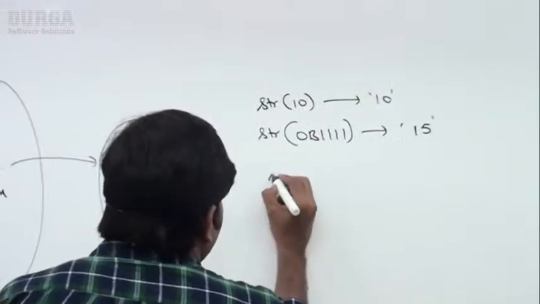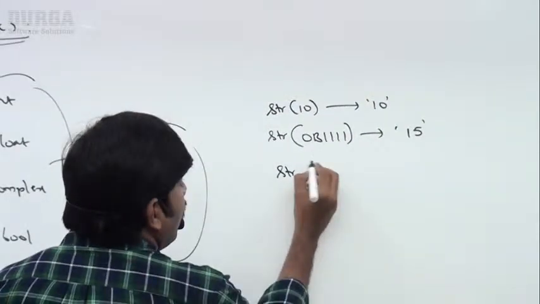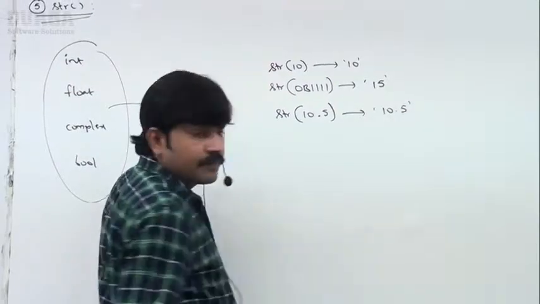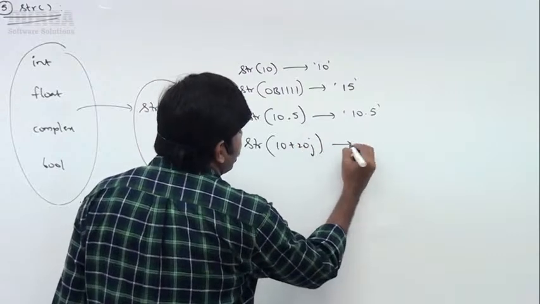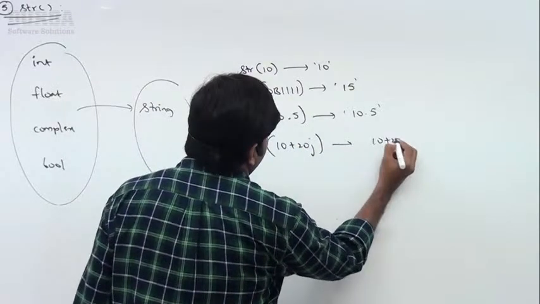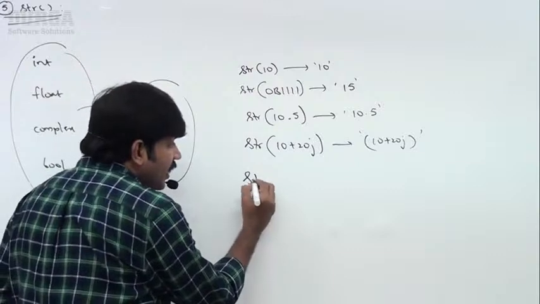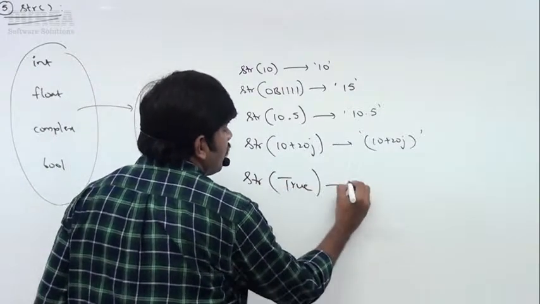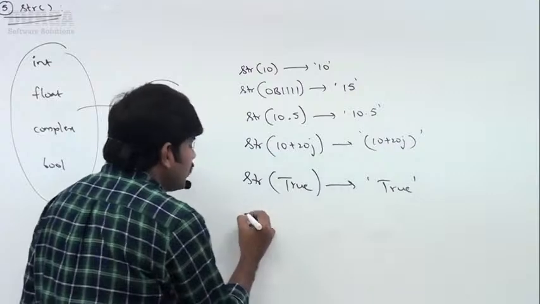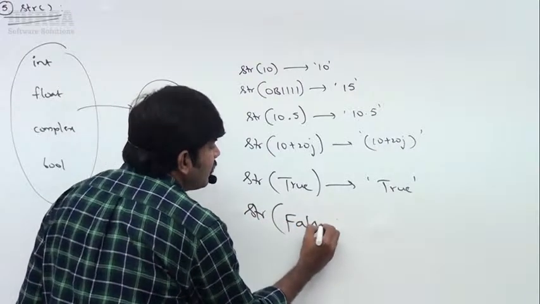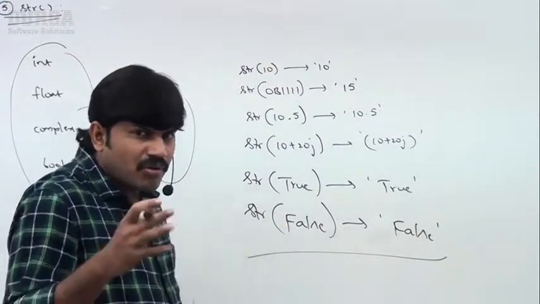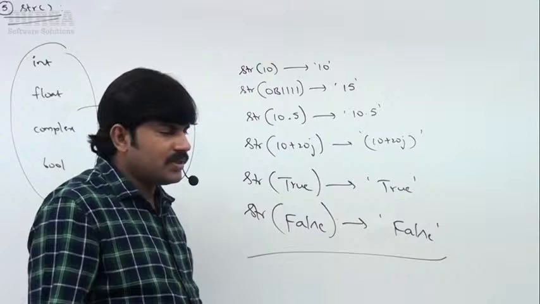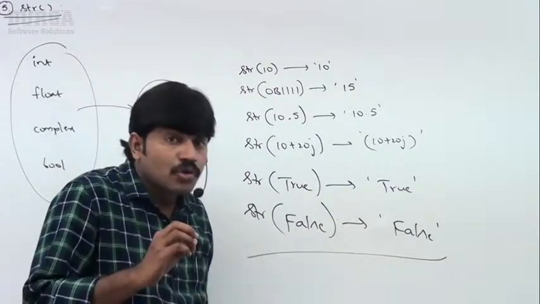Same way the remaining cases also. str of 10.5 will become 10.5. str of 10 plus 20j will become 10 plus 20j in string form. str of true will become true in string style. str of false will become false in string style. So now no rules, no internal loopholes; any type to string type we can happily convert, no restrictions, right?